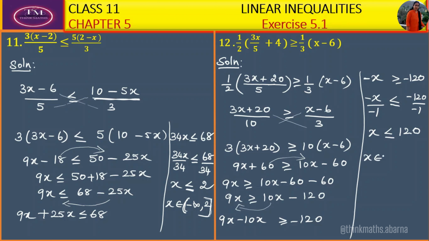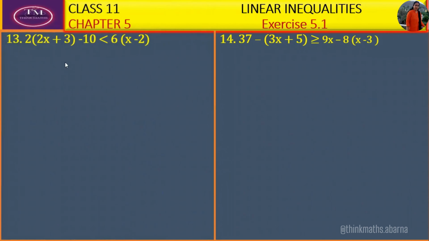So x belongs to, as we have less than, open with a curly bracket, write minus infinity and write 120. Here it is less than or equal to, so use the box bracket to close it. Clear? Yes. So moving on to the 13th one. These are all almost the same, so we will do it quickly.